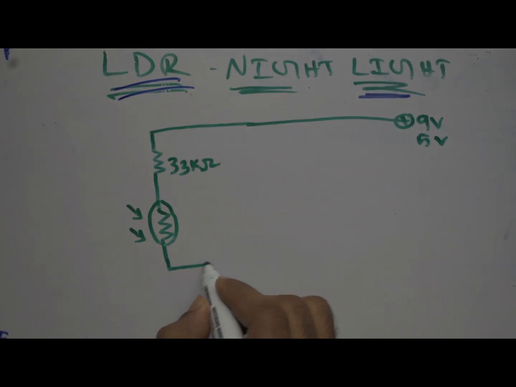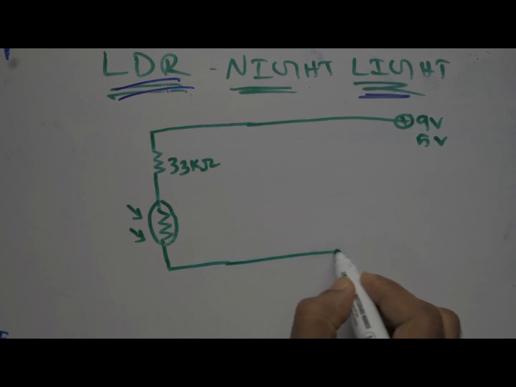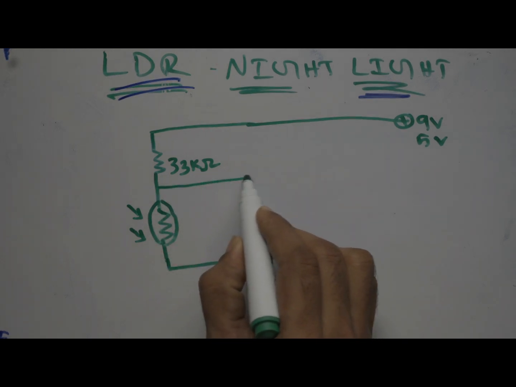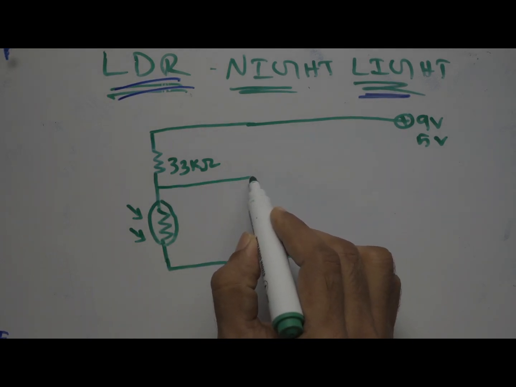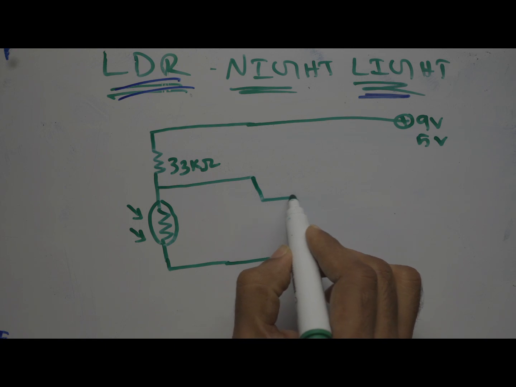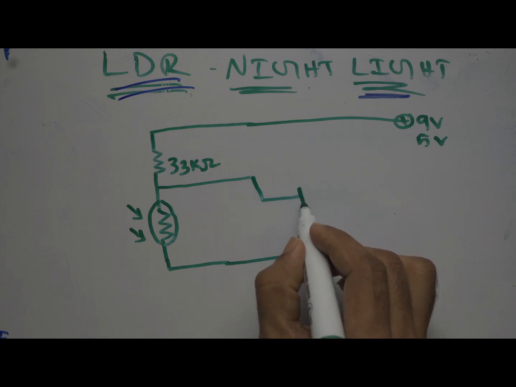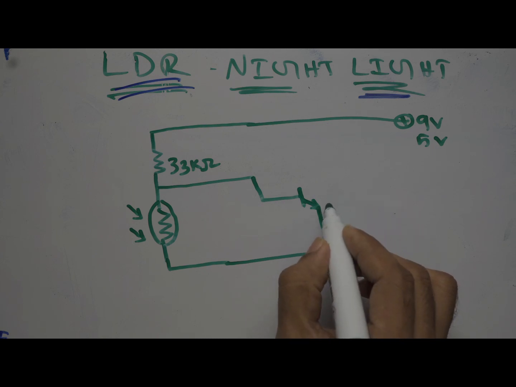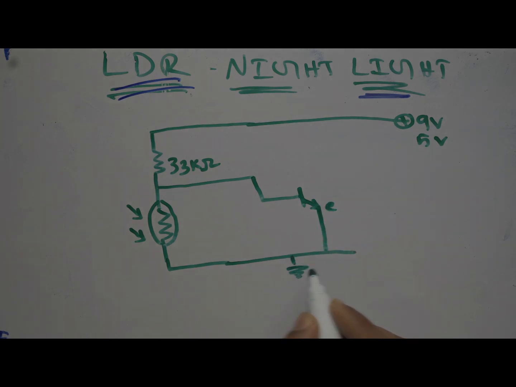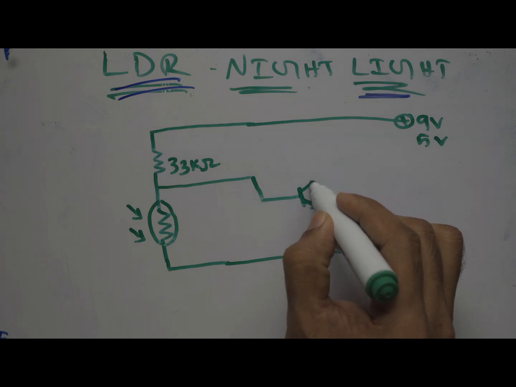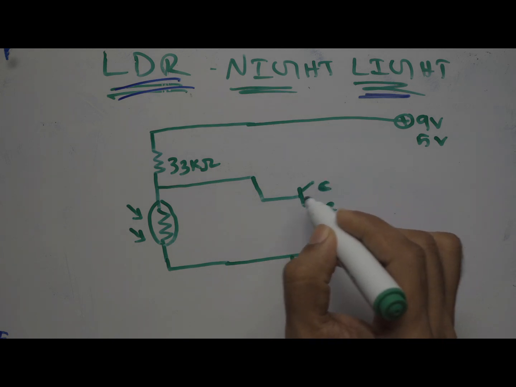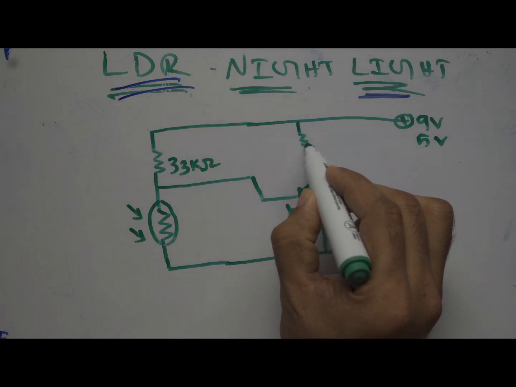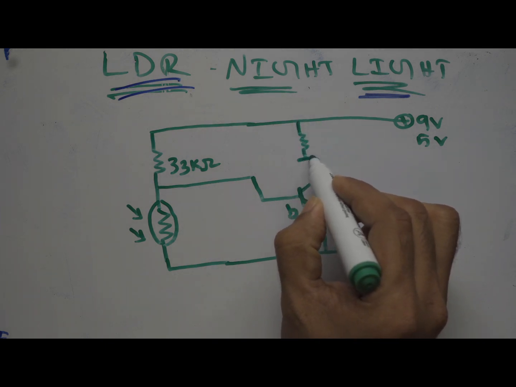If you want to put much load, you have to put a relay in between. I will tell you guys what a relay is and the fundamentals of relay in coming videos. And this is a normal NPN transistor, and this is emitter, this is ground, and this is collector, and this is base.